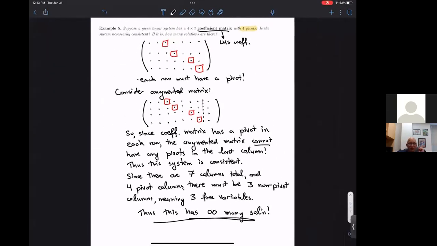Even though there were no values given anywhere in this question, by just considering where the pivots are, we were able to deduce that there couldn't be a pivot in that rightmost column of the augmented matrix. So the system was solvable for sure. And because there are too many columns, essentially, we know there have to be free variables, so there are infinitely many solutions.